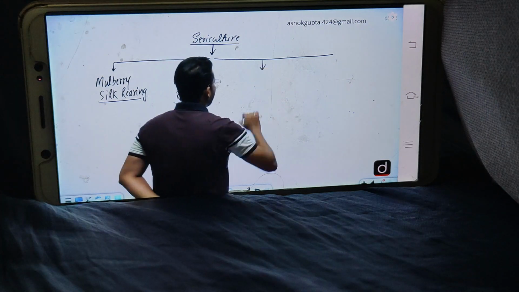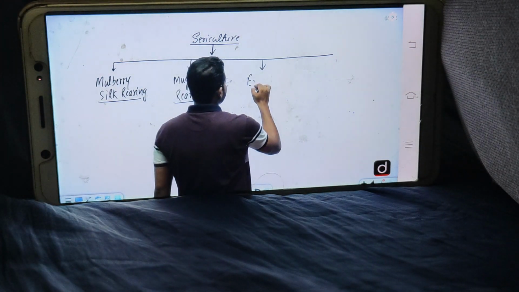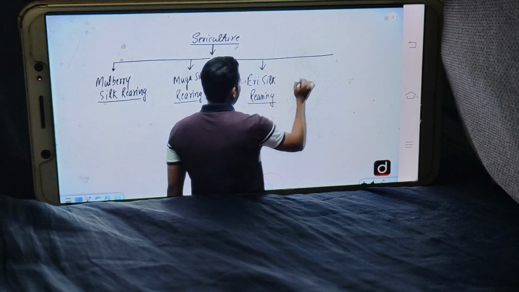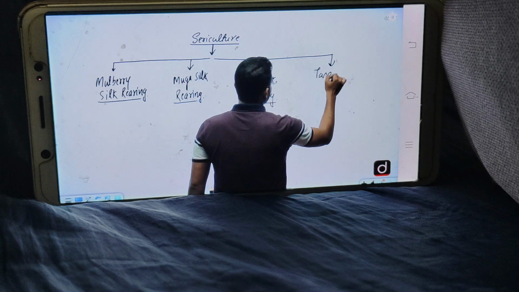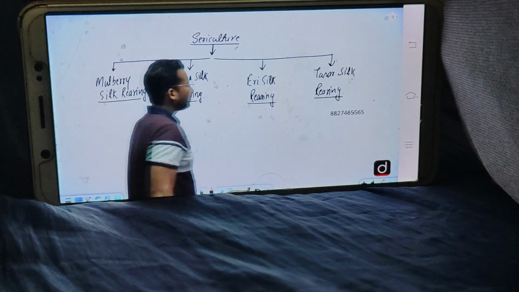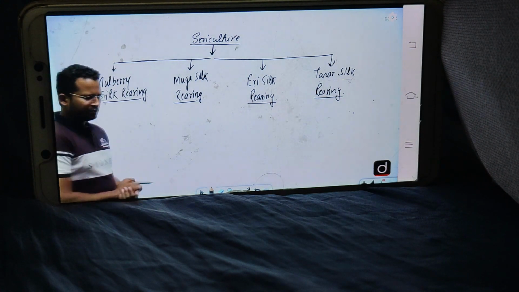The third one is Iri silk rearing. And the fourth one is Tussar silk rearing. So these are four different types of sericulture.